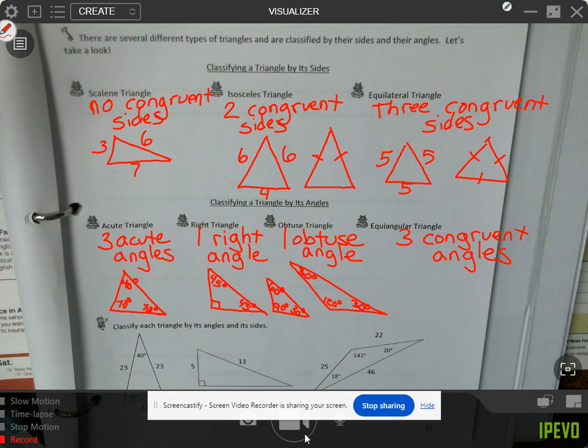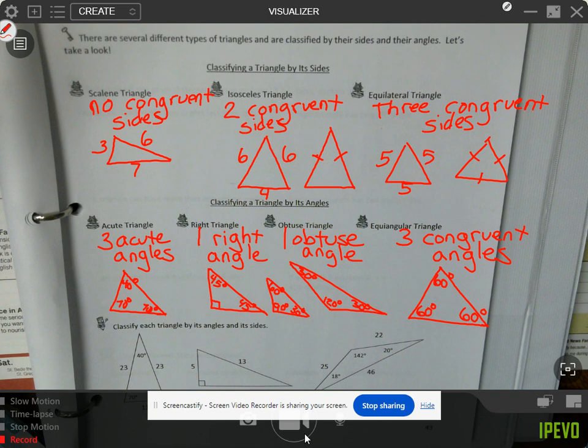Madden? They all have to be 60 degrees from 180. Oh, we have to equal 180 degrees. No matter what, our triangle equals 180 degrees. The only way for it to equal 180 degrees if they are all congruent is if they are all 60 degrees. So an equiangular triangle has to have all three at 60 degrees. No matter what.